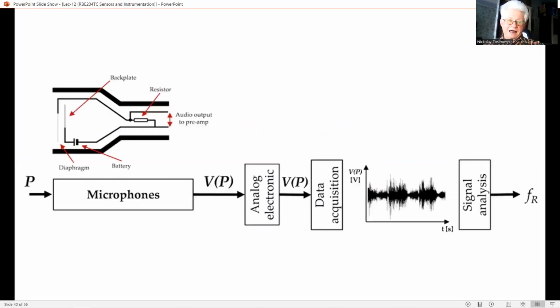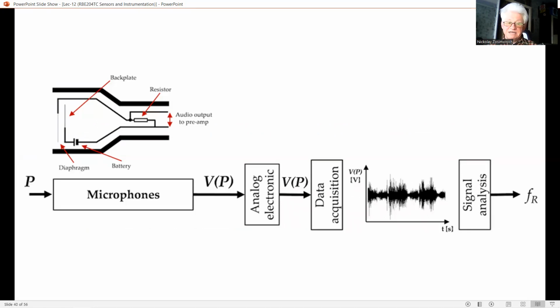Let's start our part of this lecture with an overview of acoustic parameters and properties. Next, the operation and performance of sound acoustics, sometimes ultrasonic sensors, are discussed.